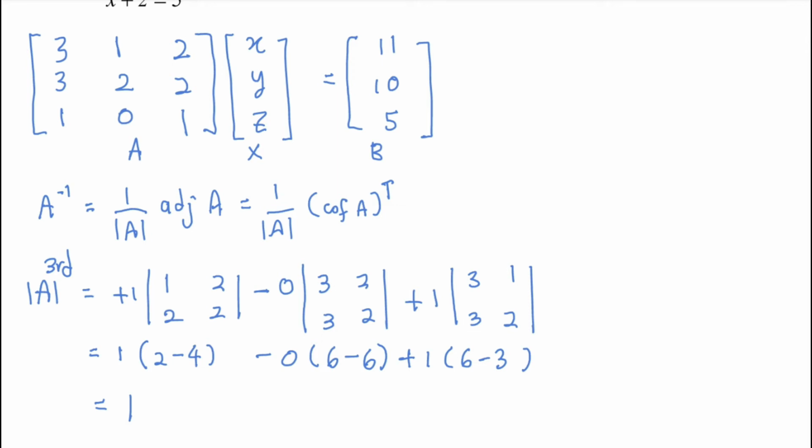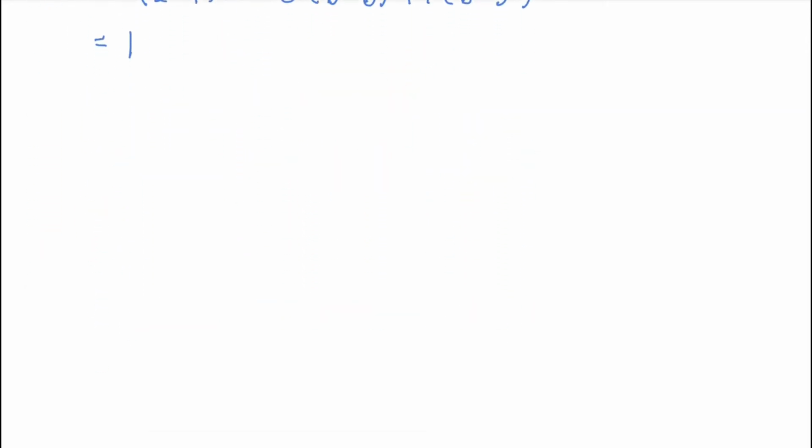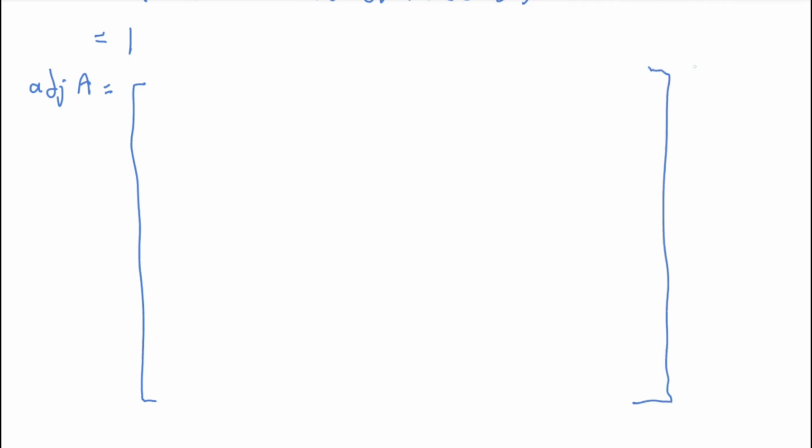Then one more thing that you need to find is the cofactor of matrix A. So what is the matrix of cofactor of A? We continue with adjoint. Adjoint of A is the transpose of this matrix. So what are the values of the elements? 2, 2, 0, 1.